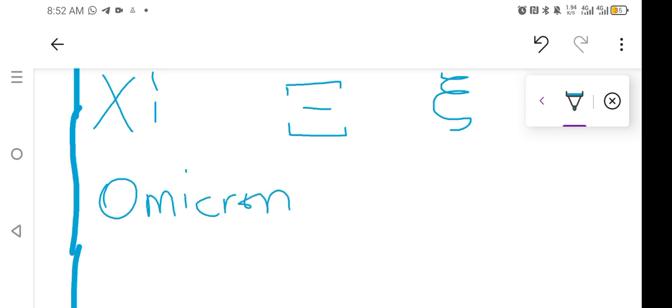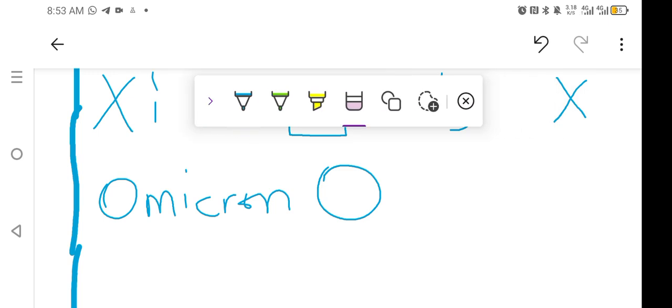Omicron. Now, Omicron is very easy. The uppercase is, think of the big O. The lowercase, think of the small o. Forgive my O. It has to be a complete, nice, rounded circle.